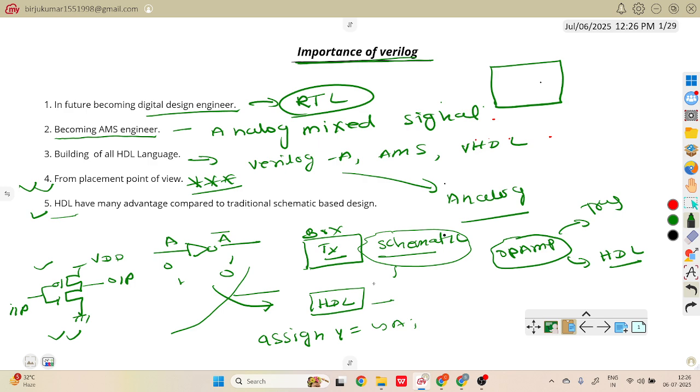Right now I made only an inverter, a small design, so either way, no issue. But what I am trying to tell is that compared to schematic, HDL design is faster. That's why we need to model everything. I hope you get the basic idea about that.